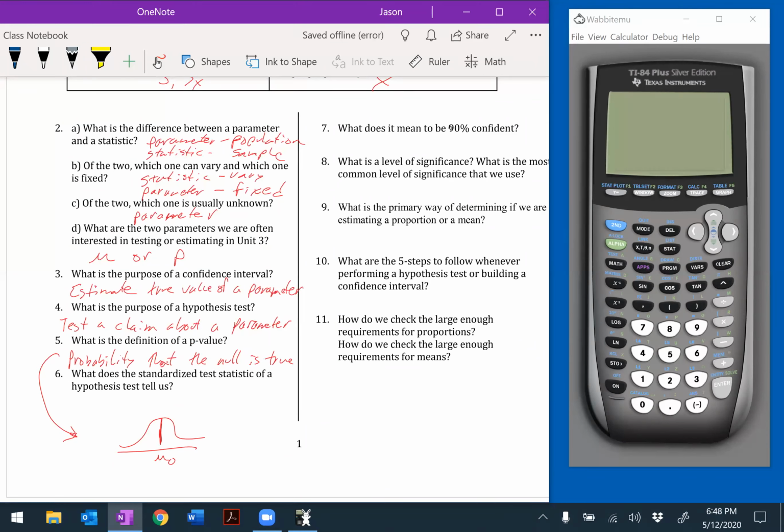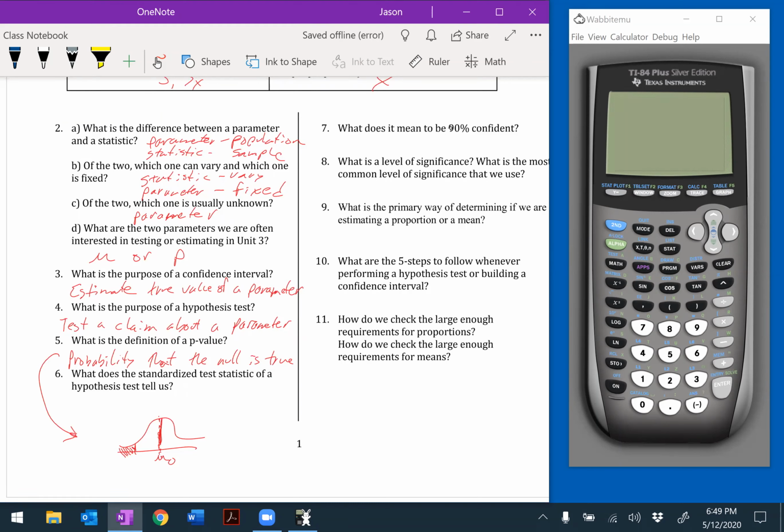And what's the p-value? The p-value is the probability of how far you are from the null. Well, if you're right next to it, then you're right there. But it's a probability that the null is true. How far away from the null you are.